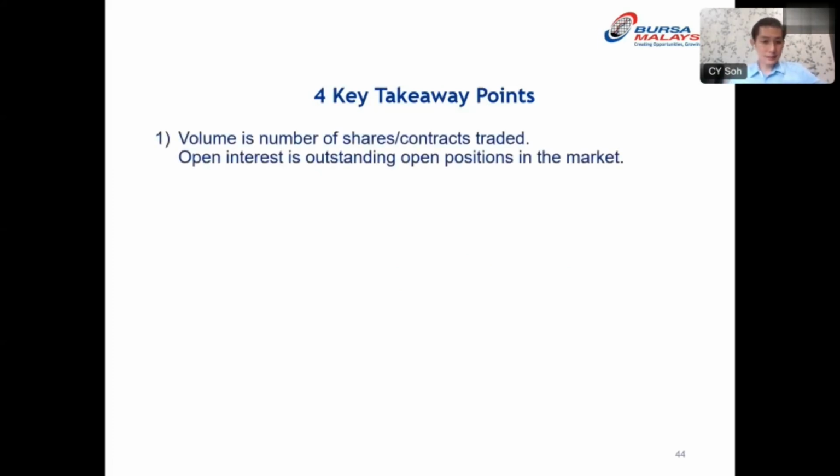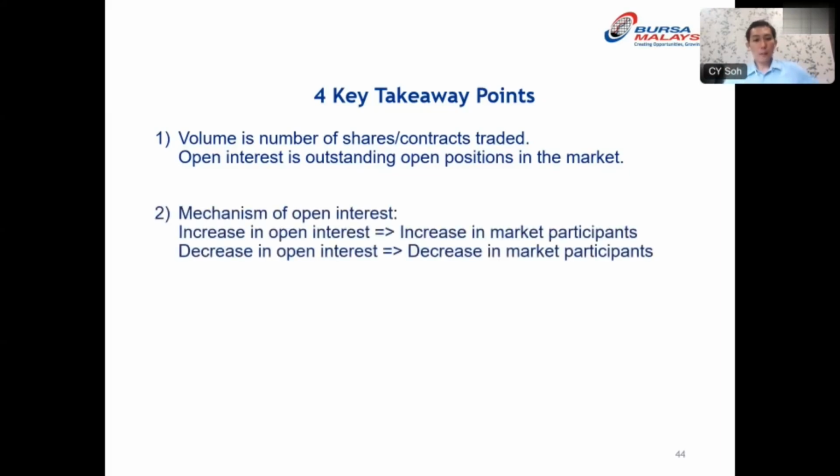Let me summarize what I have shared with you today. First, open interest is open position. Open position means that people are interested in the market and have not closed yet. Number two, open interest can increase or decrease. An increase in open interest means more participants are joining the market.